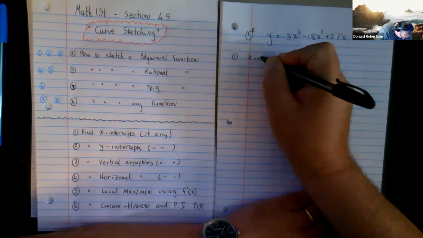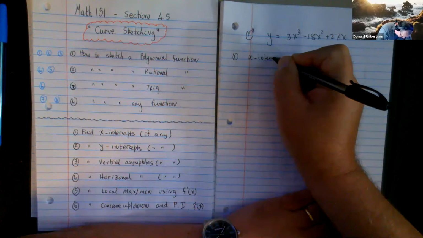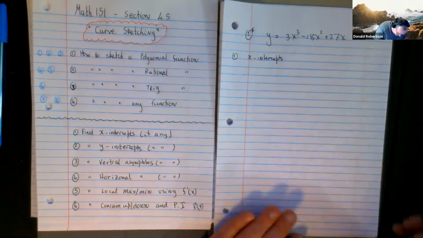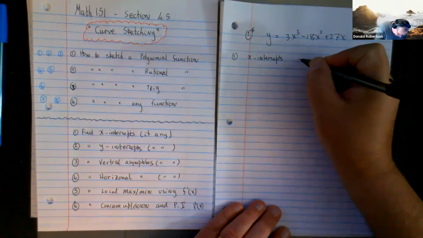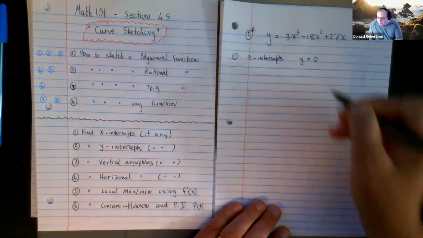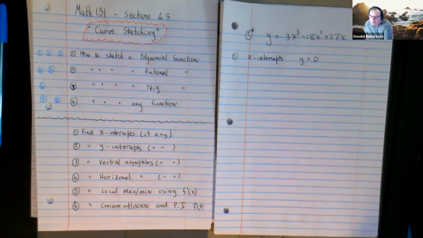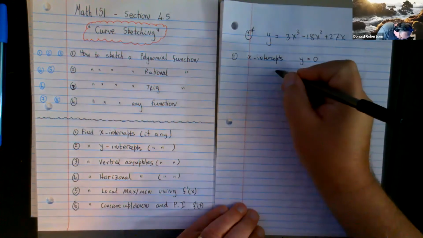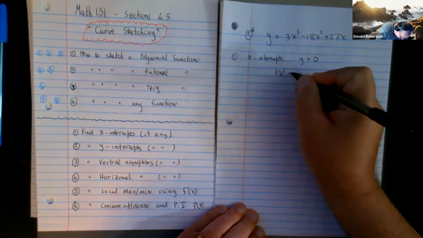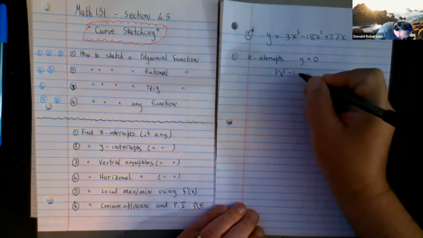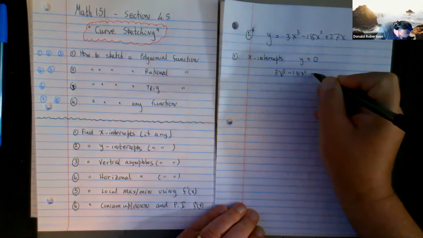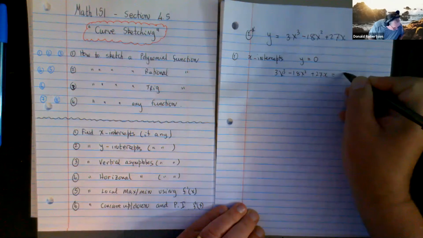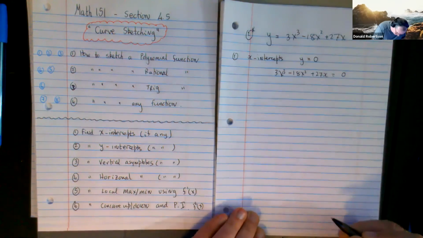So let's look at x-intercepts. Okay, from your 141 world, isn't x-intercepts found by solving when the y-coordinate is 0? Because when the y-coordinate is 0, you're looking at an x-intercept, which means I need to solve again, which means I'll need to factor it.